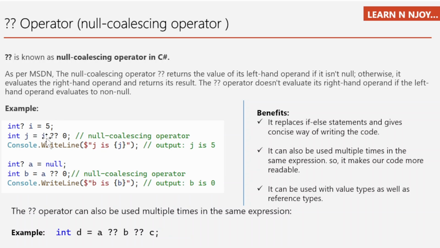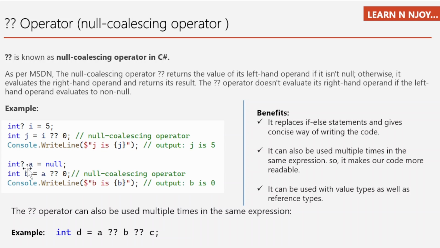If it is not null, it will assign the i value to j. If it is null, then it will assign 0. So in the first example, where we have i is equal to 5, that value is going to get assigned to the j variable, and that's what got printed. Output: j is 5, with the help of this Console.WriteLine statement, right?